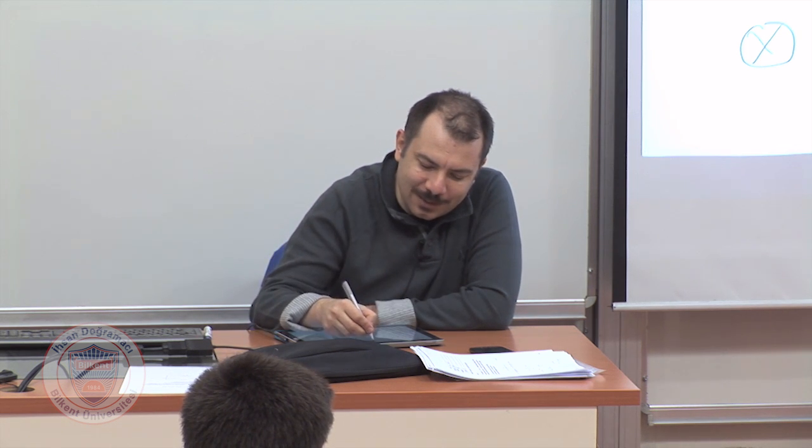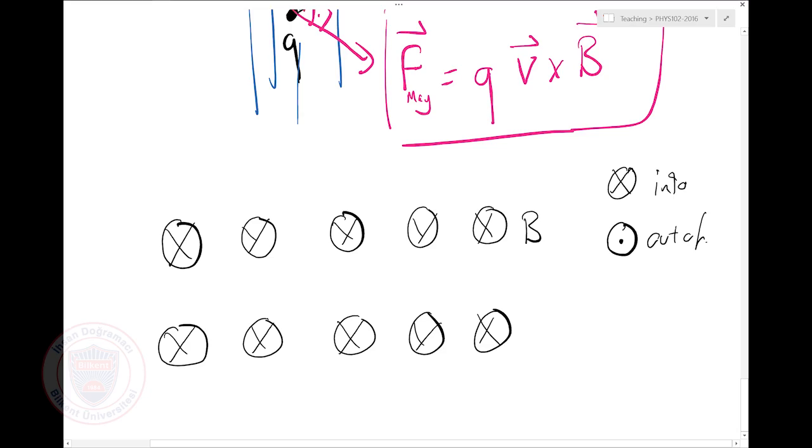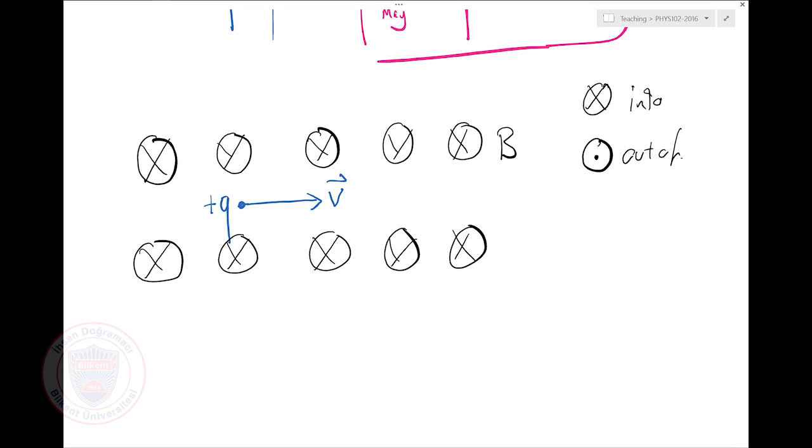So what happens if I take a particle, let's say of positive charge, and give it velocity v? Let's find the direction of the force on this particle. Force I know is going to be q v cross B. This is a time to remember how we did cross products. So B is into the page, v is like this.